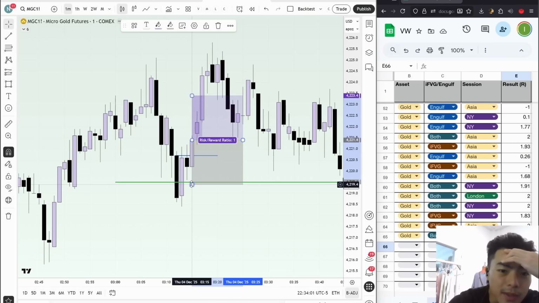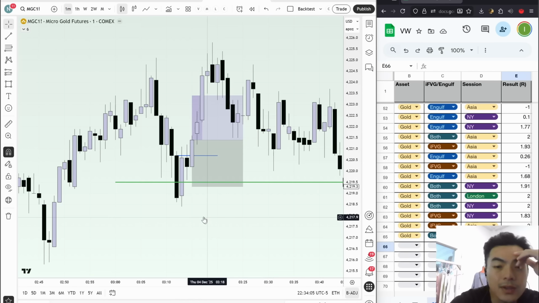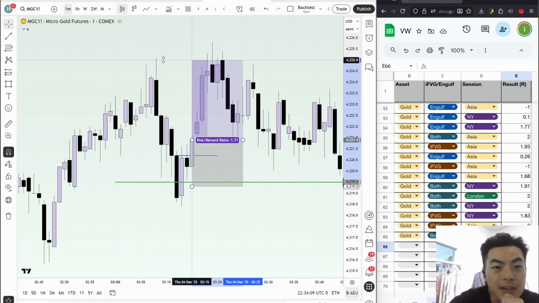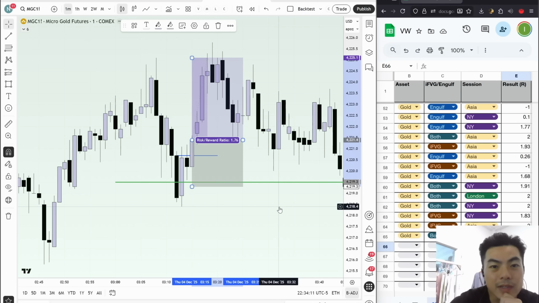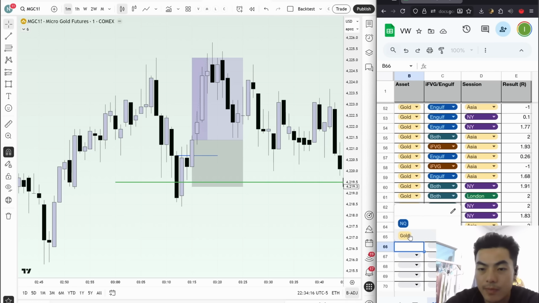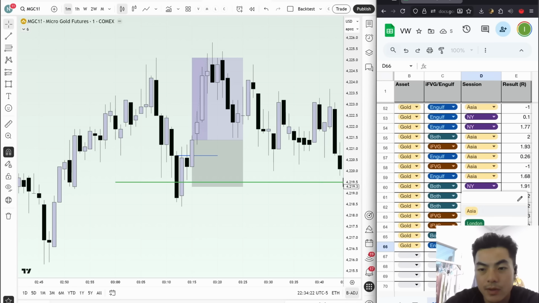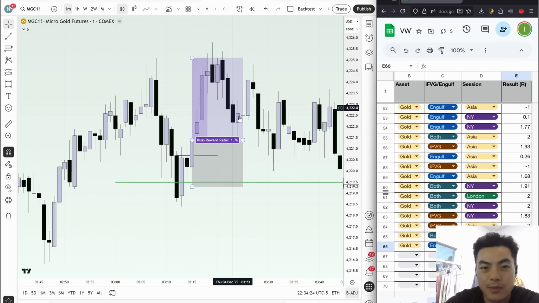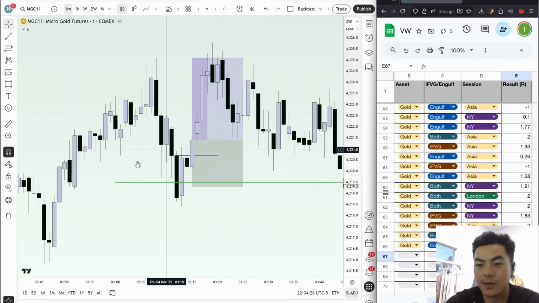So long would be there. I'd go below that swing low. Targeting these highs. 1.76R. Nice. That's engulfing candle entry. Yeah. Green equals London. What was that? 1.76.